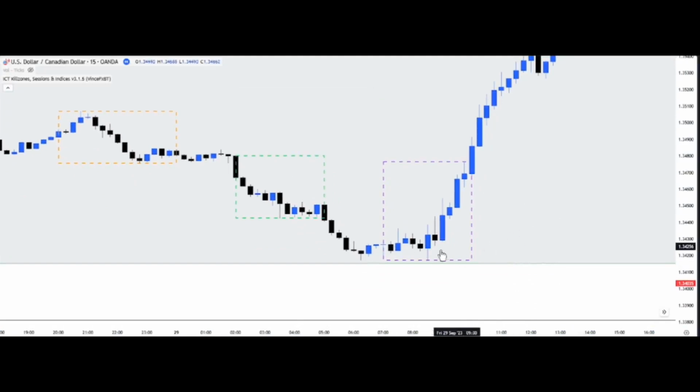Okay, now take a look at this low. You see these dotted lines, this dotted box that you find here. This is the kill zone of New York. Now I want you to understand that every session high or low is a huge liquidity pool.